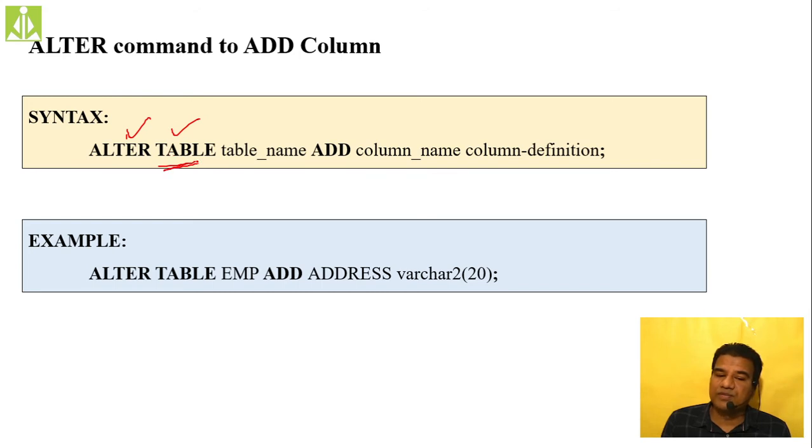Then you give the table name, then the keyword add because we are adding the column, followed by the new column name and its definition. So to the existing employee table, we are adding the column address, which should be of type varchar2 of 20.